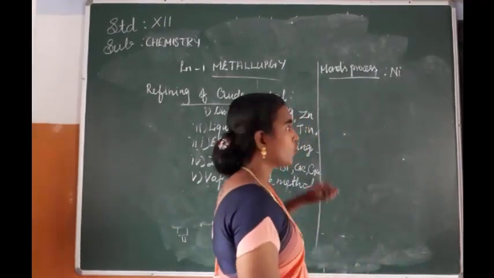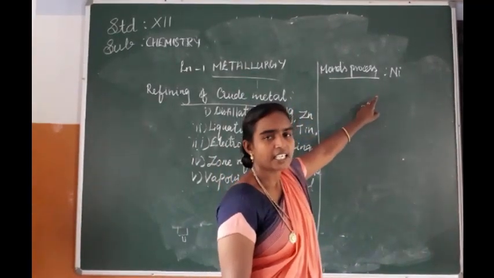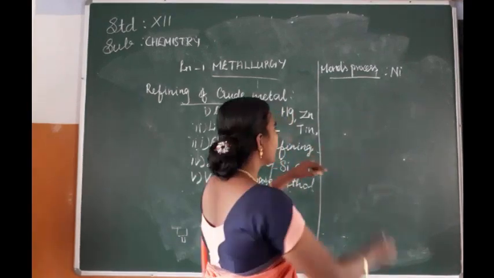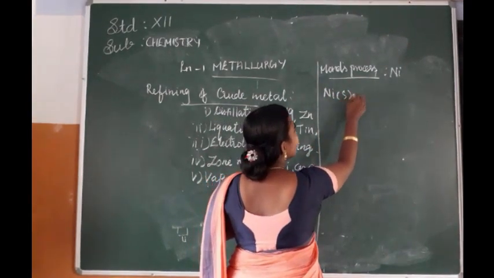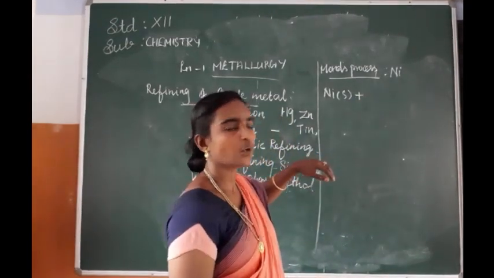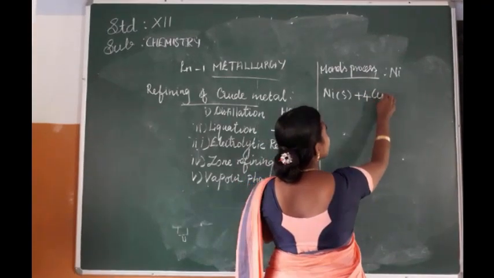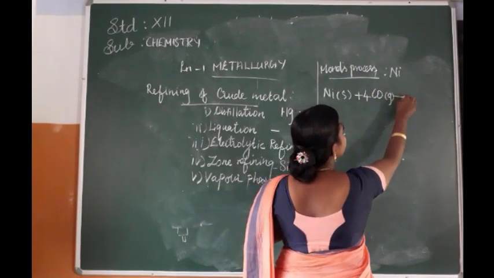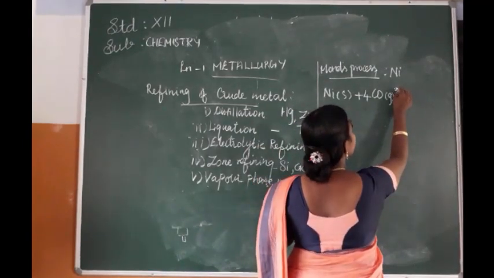Okay. So in Mond's process, impure nickel is taken in solid form, and it is heated at a temperature of 350 Kelvin along with carbon monoxide gas. Okay, what's the temperature? 350 Kelvin.